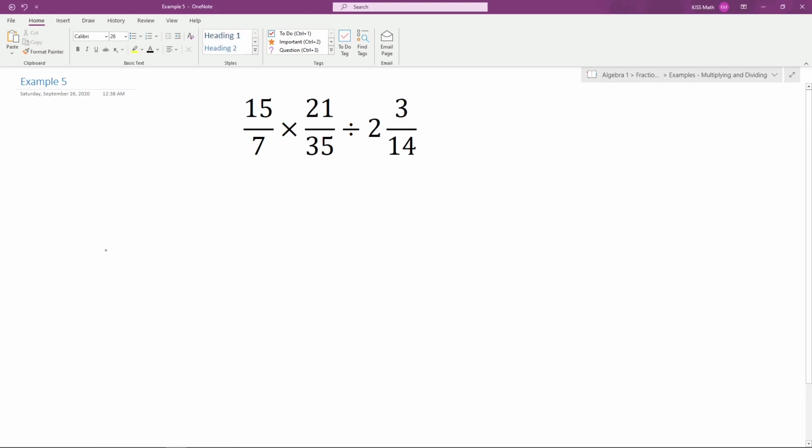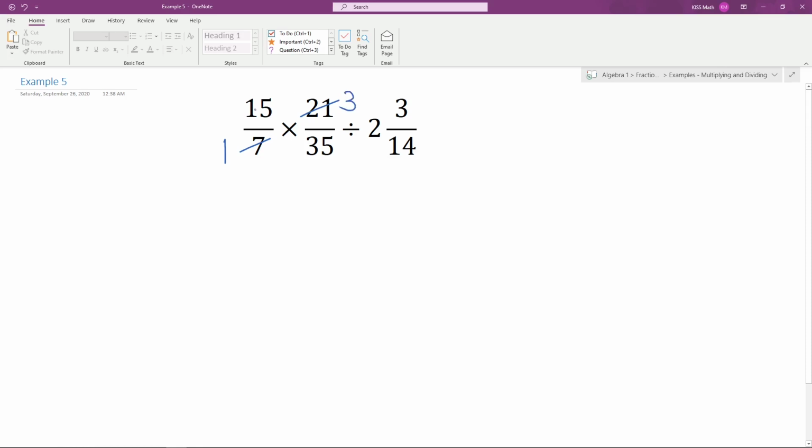So this last example will have a division component, but if you remember, division is not too different than multiplying. You just have to remember to flip the fraction. Now, when you have 3 fractions like this, I like to break it up and just focus on the first 2. So if we have 15/7 times 21/35, I can see that 7 and 21 are both divisible by 7. So we cancel that out and we get 1, and 21 divided by 7 is 3.